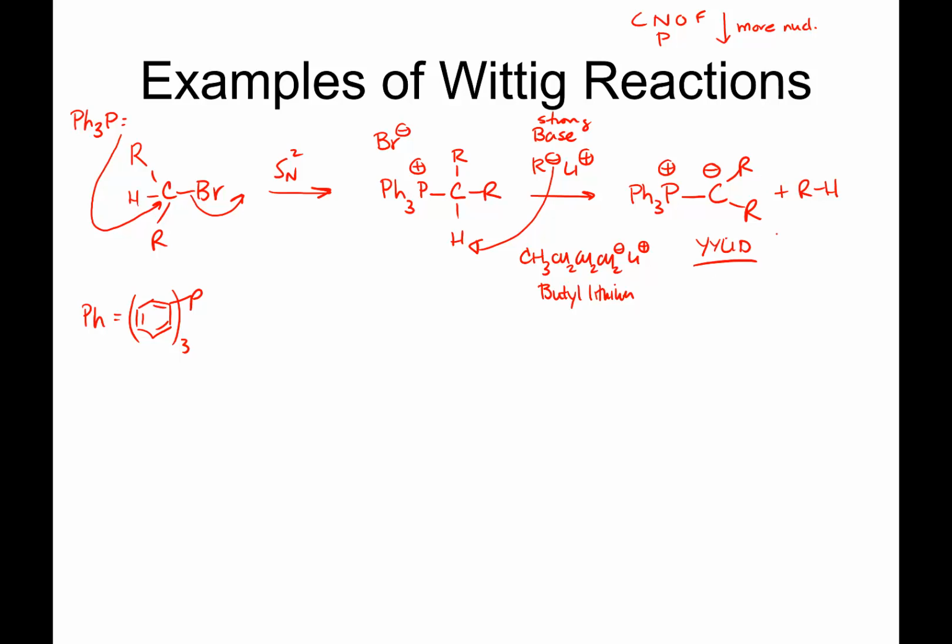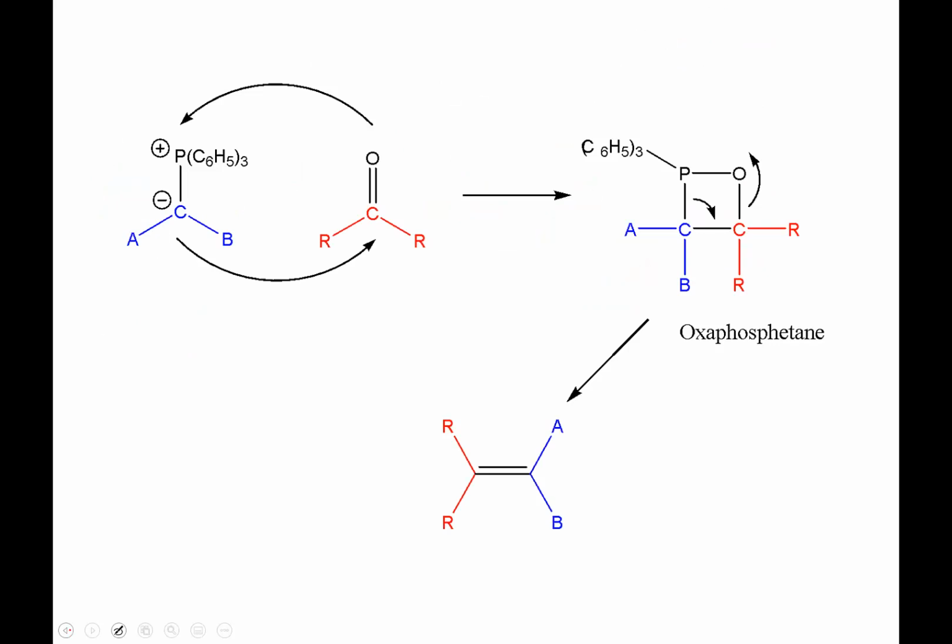So then what happens with the ylide is it's going to react with the carbonyl. So let's take a step back here. I'm going to keep the phosphorus with a plus charge and the C with its negative charge. If we draw the arrows this way, the C minus will attack the carbon, and then this pair of electrons from the double bond of the oxygen will come over and add to the phosphorus.